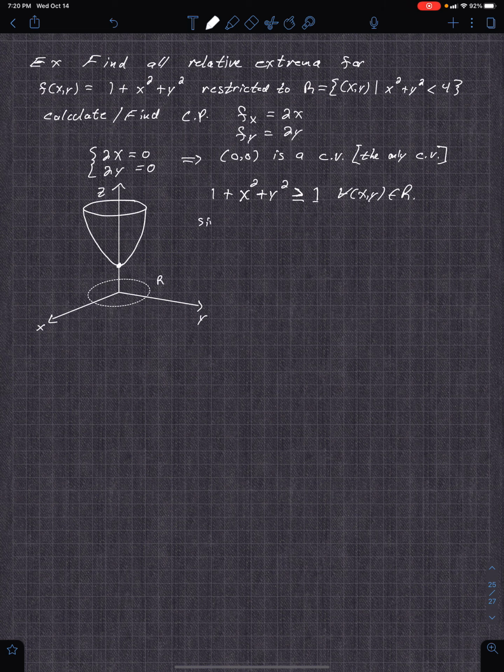So since 0, 0 is the only critical point, and f of 0, 0 is equal to 1, that has to be a local extrema.